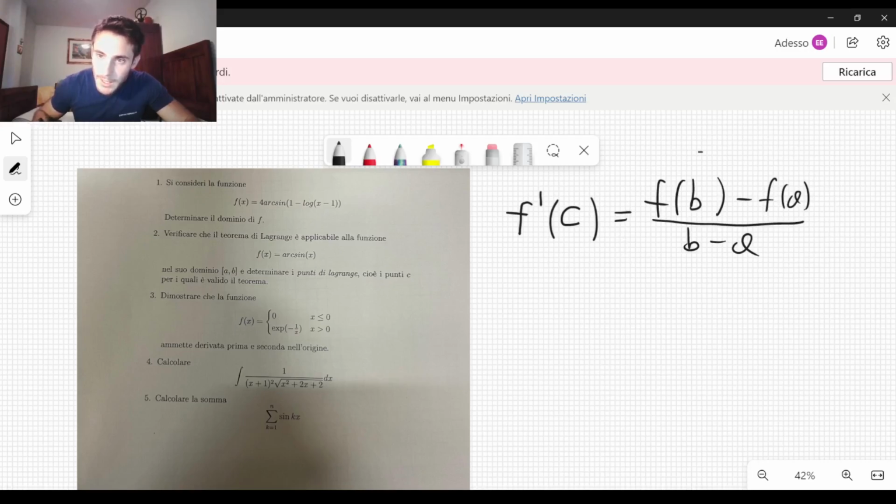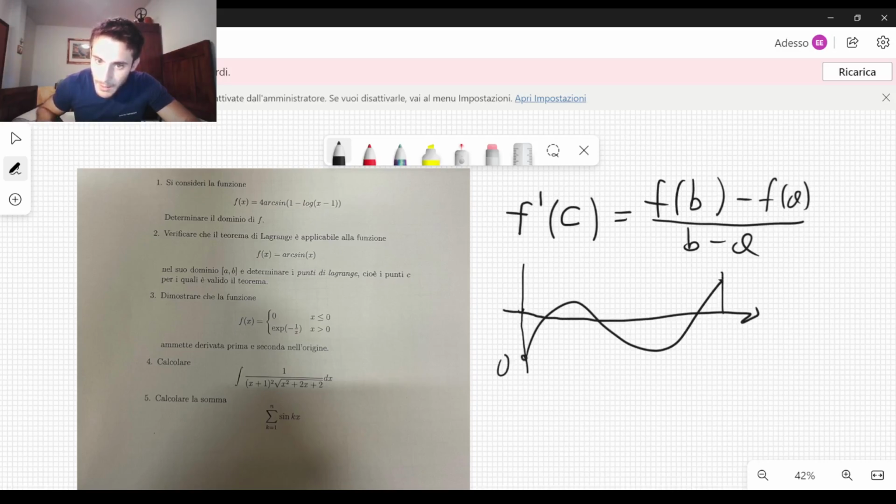So if we have a function more or less like this, this is the x-axis, this is the point A, this is the point B, and this is the domain of the function, so there is nothing here.